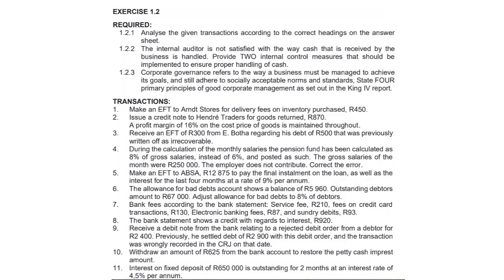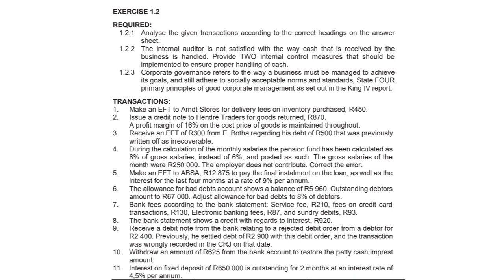Exercise 1.2. Required. 1.2.1. Analyze the given transactions according to the correct headings on the answer sheet. 1.2.2. The internal auditor is not satisfied with the way cash that is received by the business is handled.